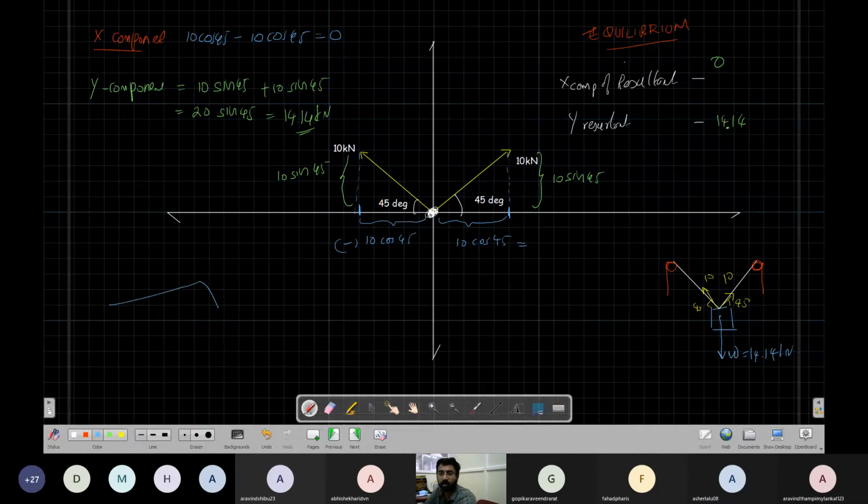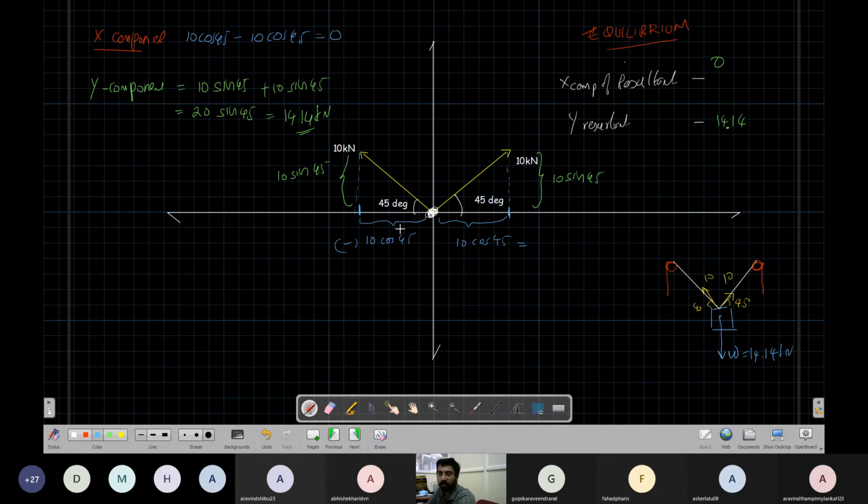The block may not be a point, but this is a very small block, so we can assume that all the forces are acting through one point. So idealization means the body has been idealized to a point, and concurrency means all the forces are passing through this one point.